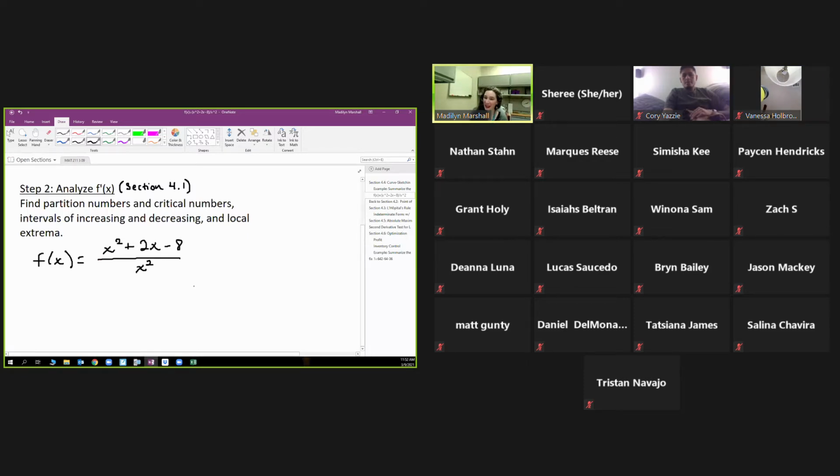So we can actually do something to this to make it possible to use just the power rule. And that is, since we only have one term in the denominator, you can actually separate this into 3 parts.